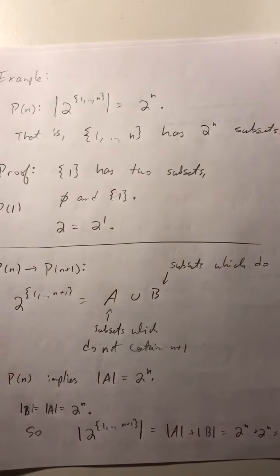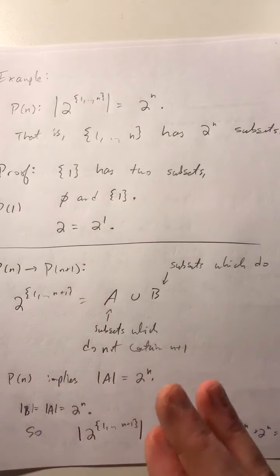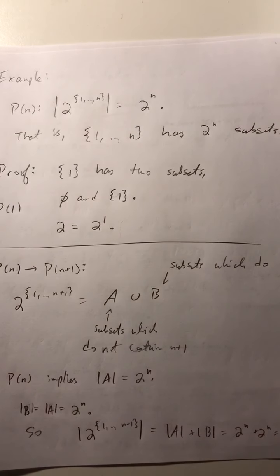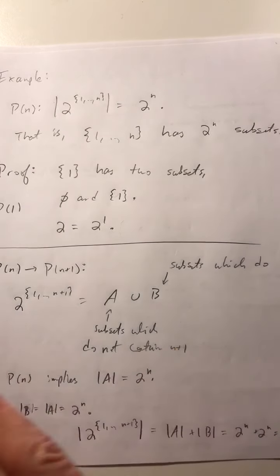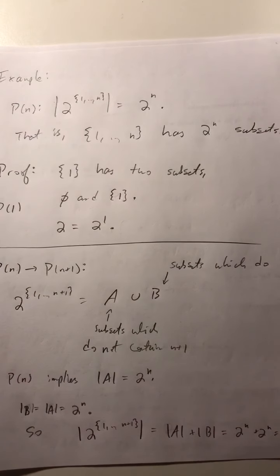So let's get a more intuitive description of why this is true. Each time we add a new element, we go from the set 1, 2, 3 up to, let's say, 10, and that has 2 to the 10 subsets. And I want to know, now I'm going to look at the set 1, 2, 3 up to 11.